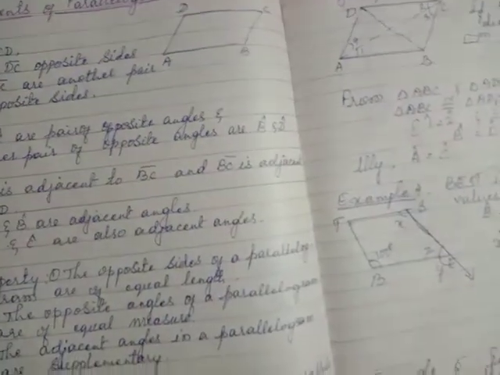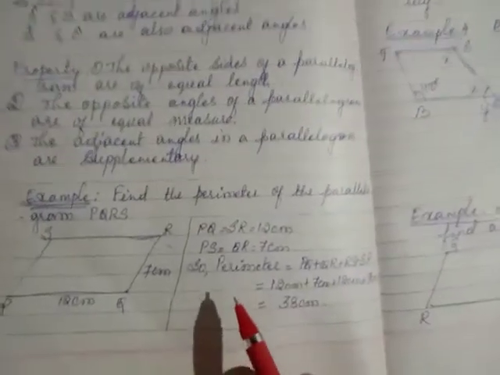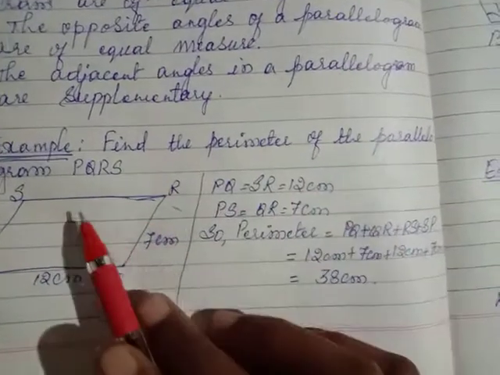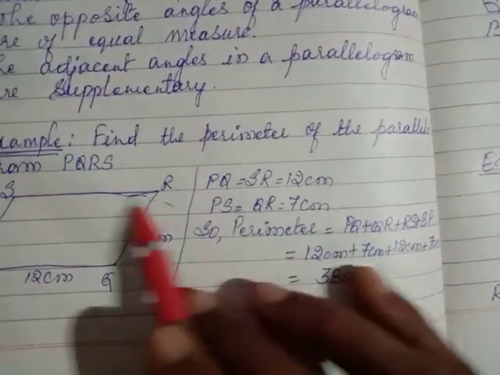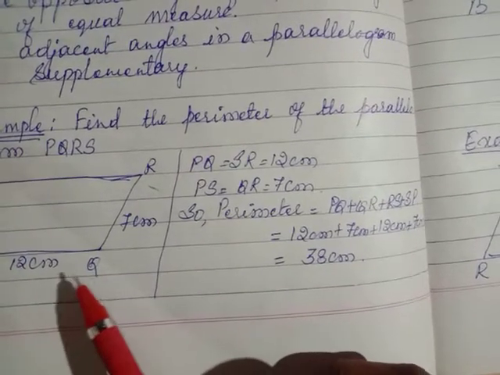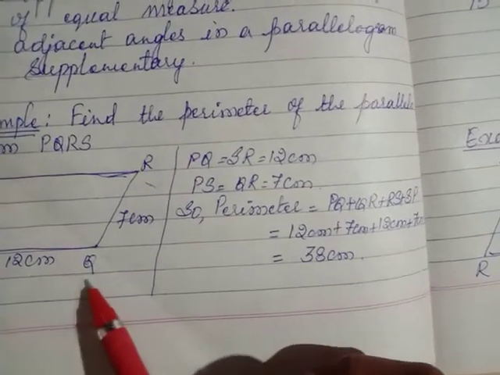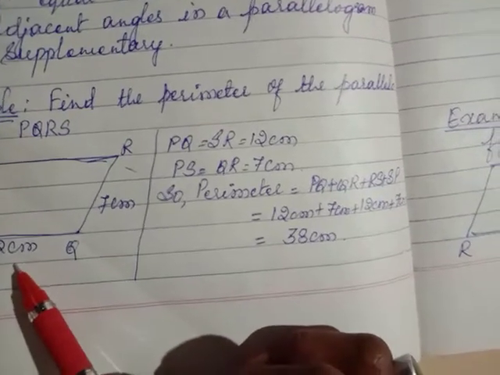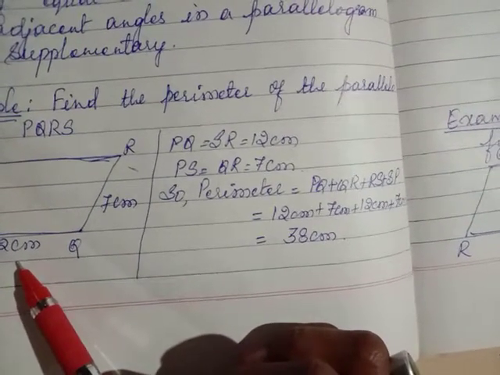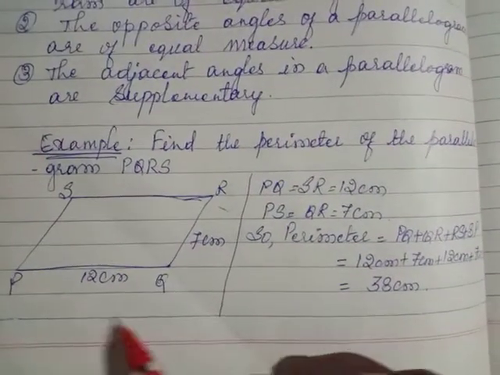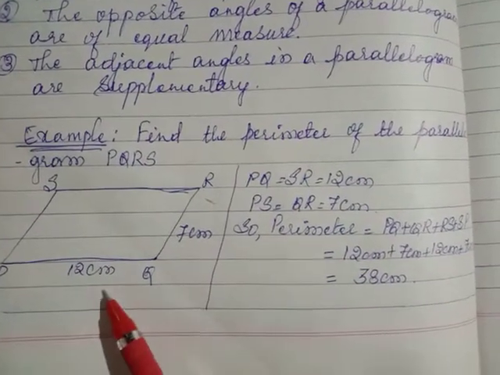Now let us see an example. Find the perimeter of the parallelogram PQRS. Here PQ is equal to 12 centimeter. We know that opposite sides are equal, so we can write PQ is equal to SR is equal to 12 centimeter.